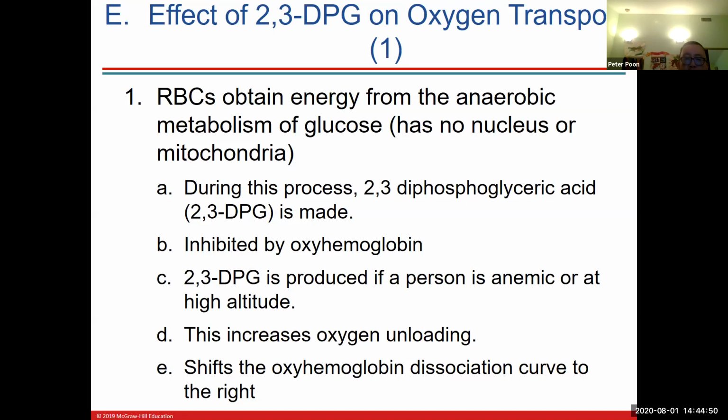So if it's oxygenated, oxyhemoglobin inhibits 2,3-DPG, but if oxyhemoglobin is too low, that comes out, and you can actually see that. This increases oxygen unloading, because ultimately you need to unload your oxygen to the tissues.